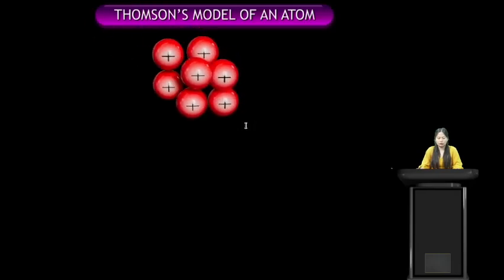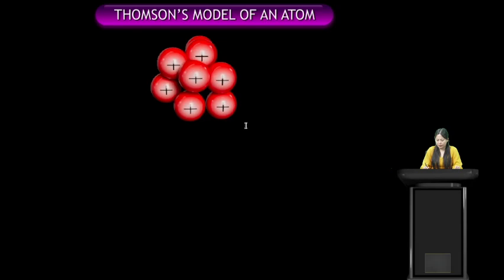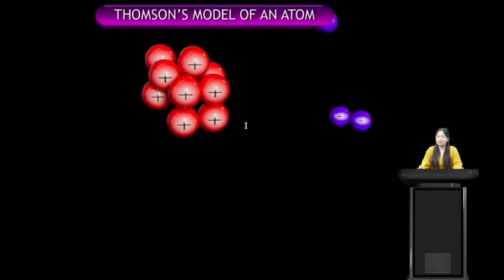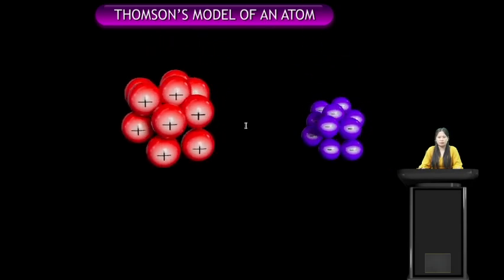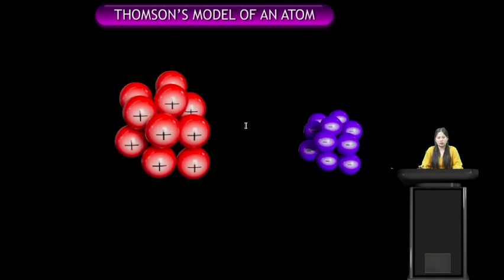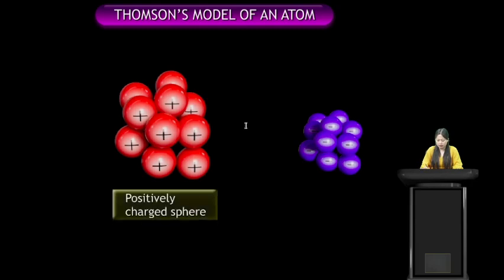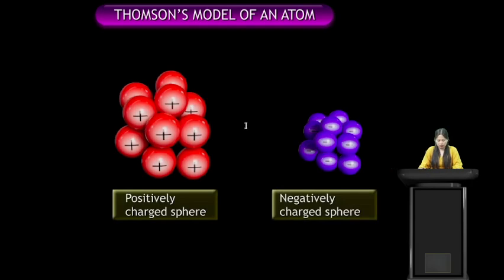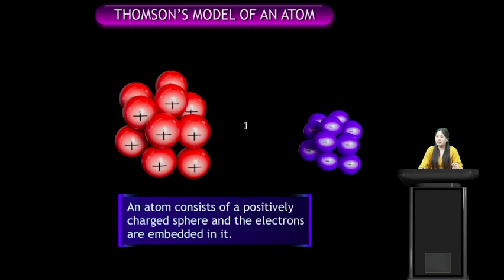According to Thomson's model of an atom, there is a positively charged sphere and negatively charged particles called electrons. An atom consists of a positively charged sphere, and the electrons are embedded in it.